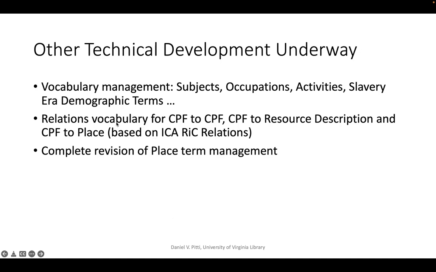The other major development is vastly expanding the relations vocabulary, which is to say the semantics of being able to connect CPF to CPF and CPF to resource description, as well as CPF to place. And then on the horizon is a complete revision of the place term management.